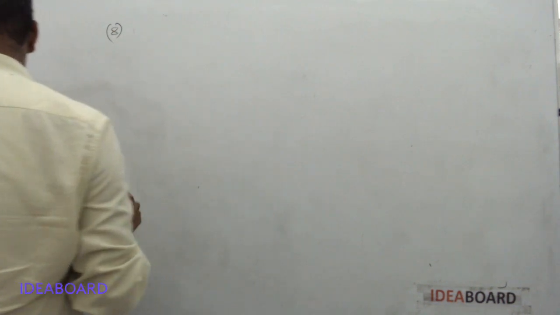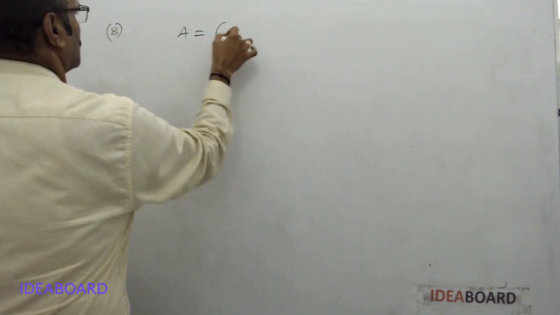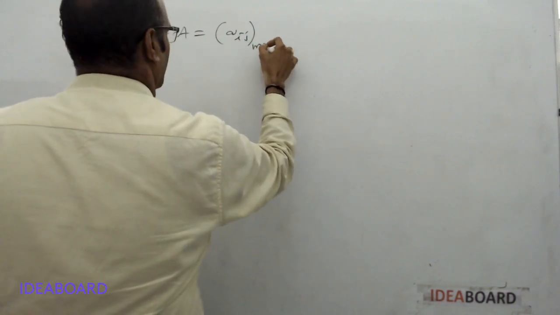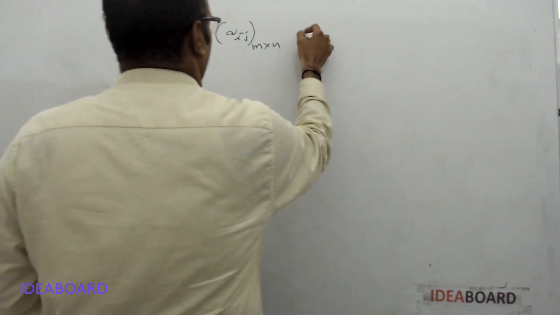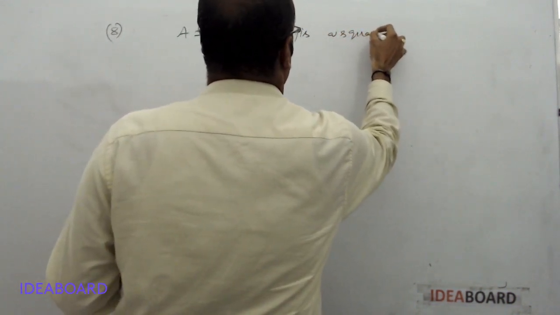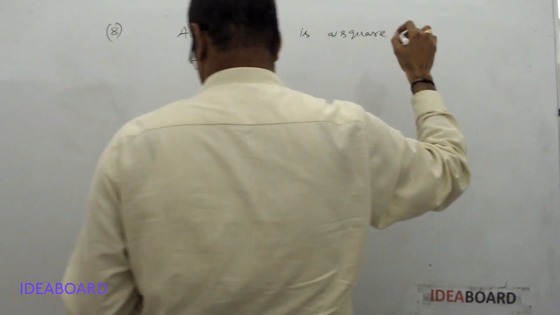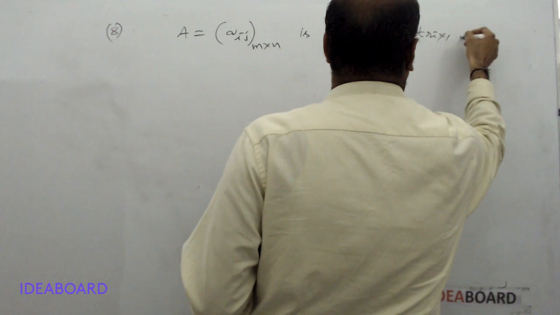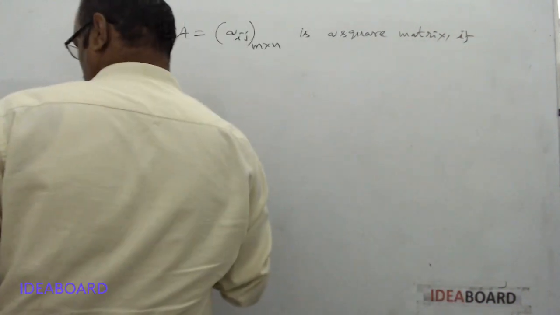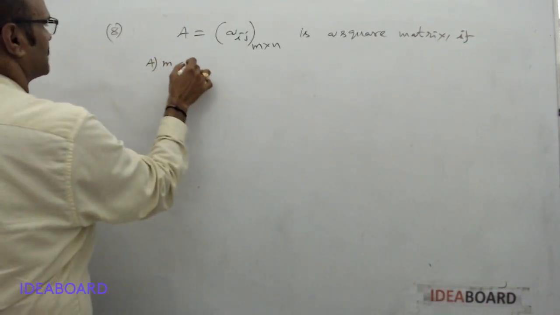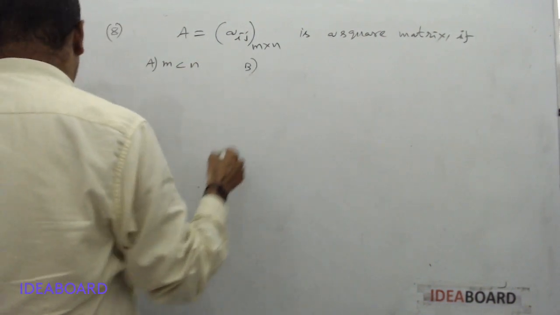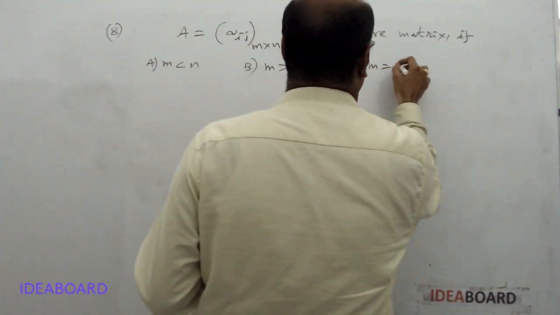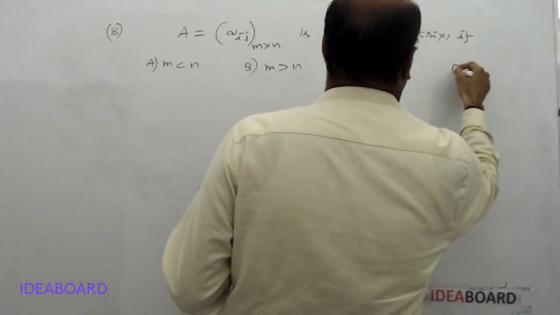Eighth problem. A equal to Aij m by n is a square matrix if: A, m less than n, B, m greater than n, C, m equal to n, D, none.